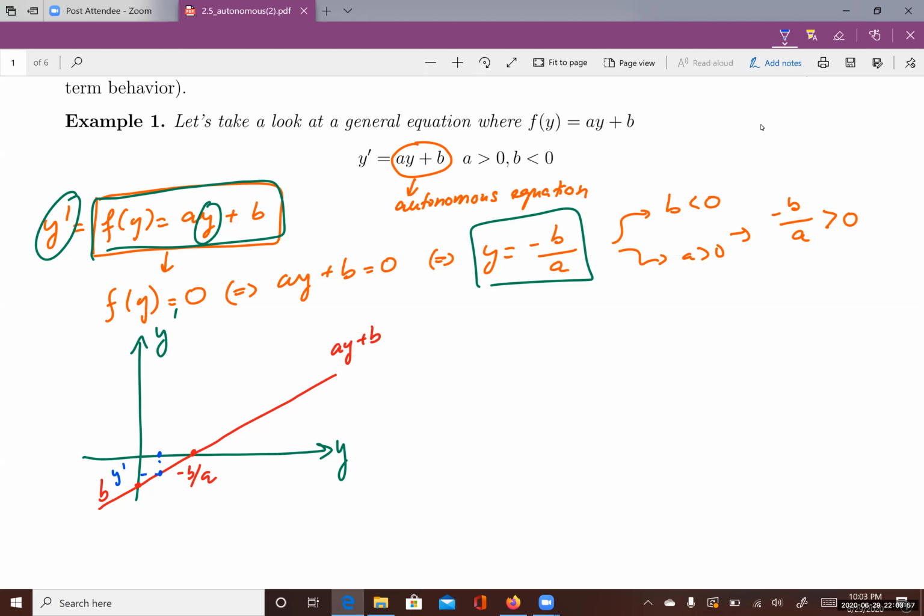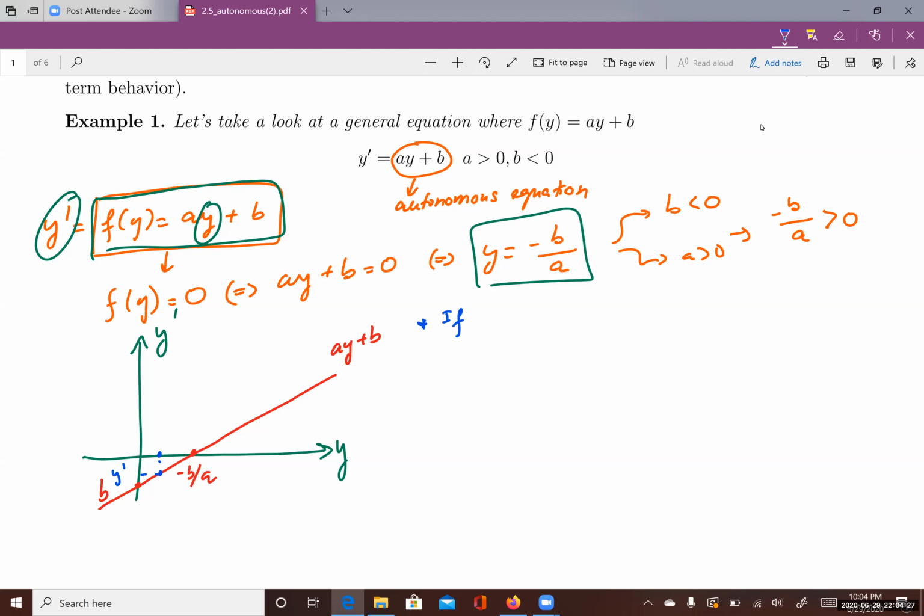So let's make some observations. If a point y0 is less than negative b over a, then the derivative y prime, which is the same as f of y, will be negative.